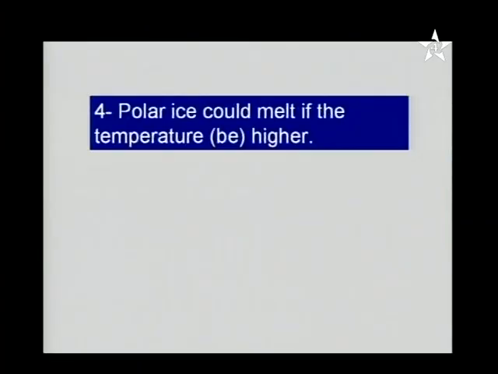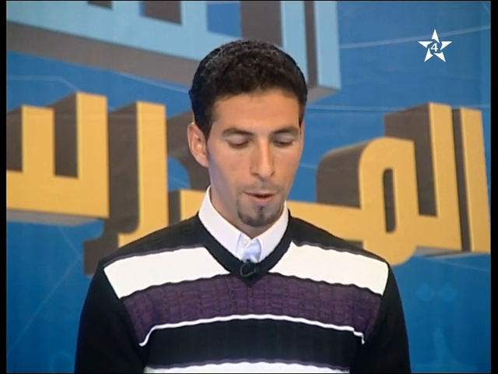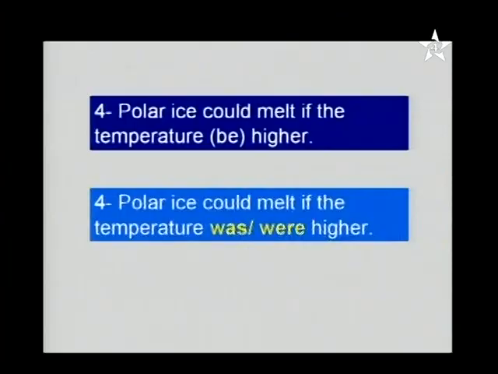The last one in this exercise: polar ice could melt if the temperature be higher. Maybe your answer might slightly differ here in this particular sentence, but let's see the first possibility. Polar ice could melt if the temperature was, or more accurately, were higher.